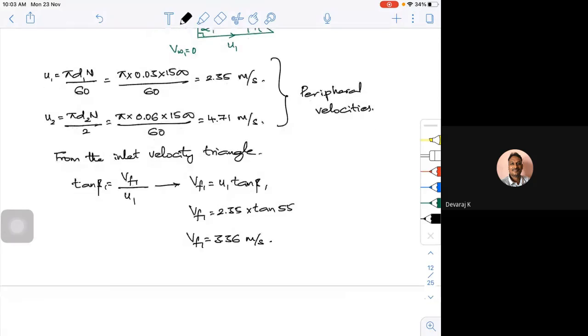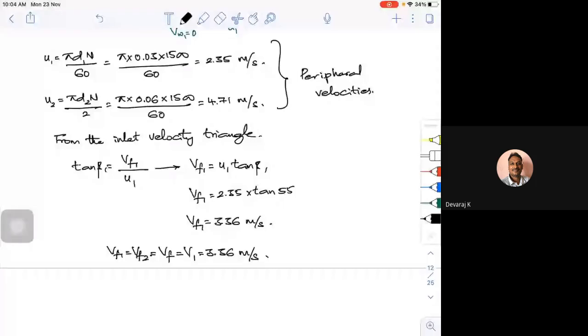Now, in the problem statement they have given Vf1 is equal to Vf2, that is a common Vf, which is also equal to V1, which is 3.36 meters per second. This is what they have given.